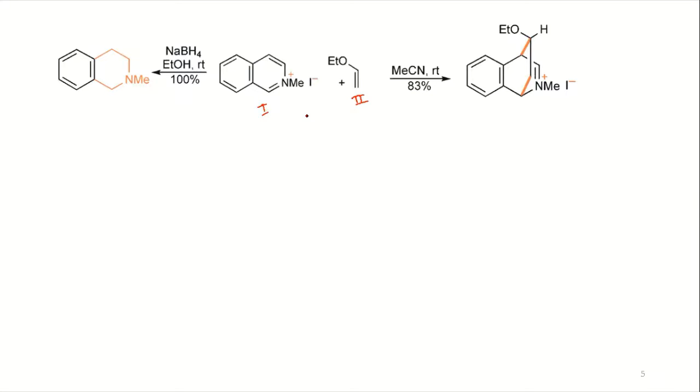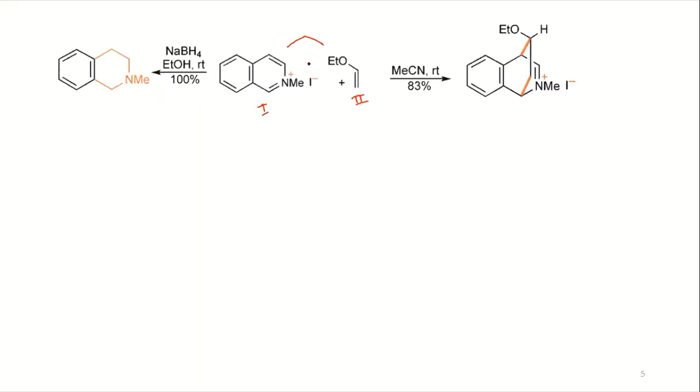Now I'll ask one thing, who can give the answer? In Diels-Alder reaction, the reaction takes place by HOMO-LUMO interactions. Yes or no? Yes, sir. So tell me which one will contribute the HOMO and which one will contribute the LUMO.